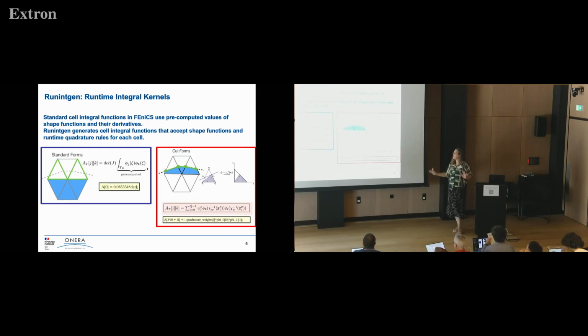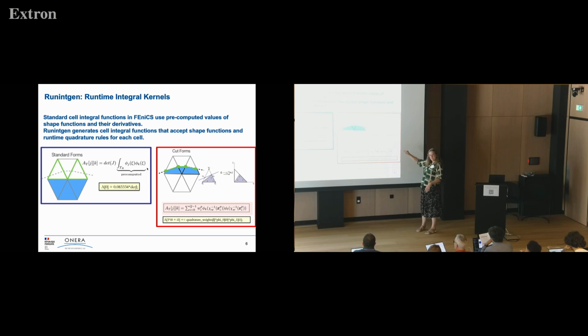So why do I need this generator? That's because typically in FEniCS, FFCX generates integration functions or integration kernels that pre-evaluate the shape functions and their derivatives. That's very important for efficiency because normally this is the same in every cell, so it's a lot of additional work to evaluate them.